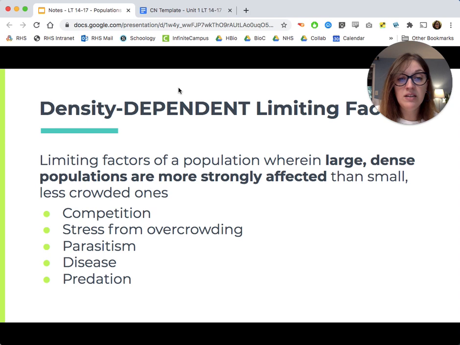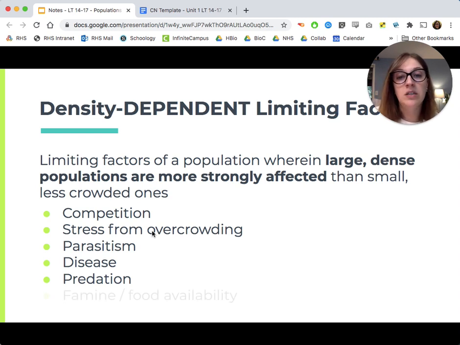So these are all examples of density-dependent limiting factors. So when you think about it, as populations continue to increase in size, there's more competition. Therefore, it's a density-dependent limiting factor. Its influence is greater because of the density of the population.